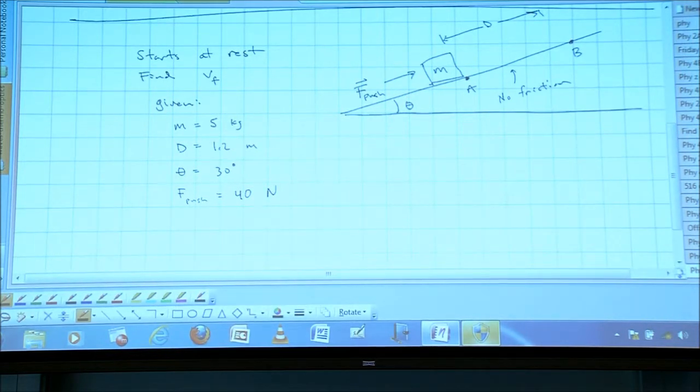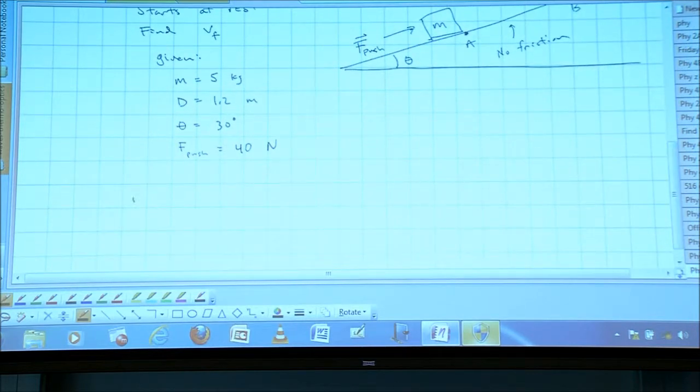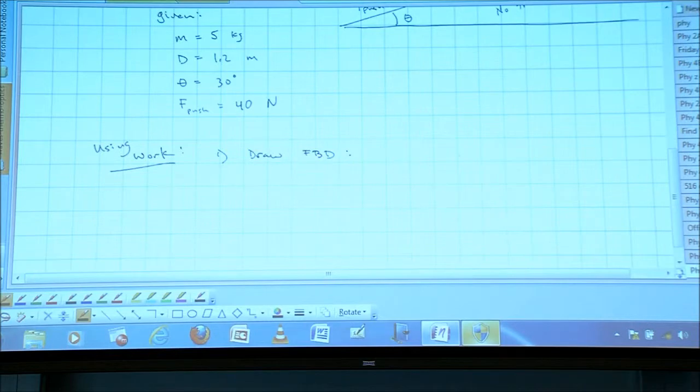All right, so the work method. So we'll draw a free body diagram for the block. Go ahead and do that.